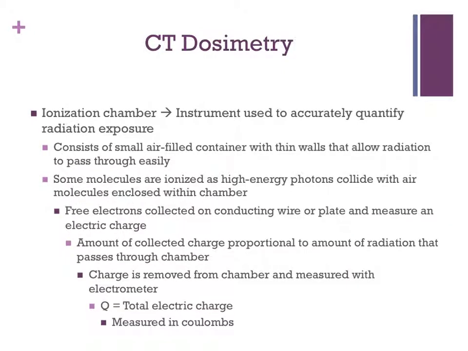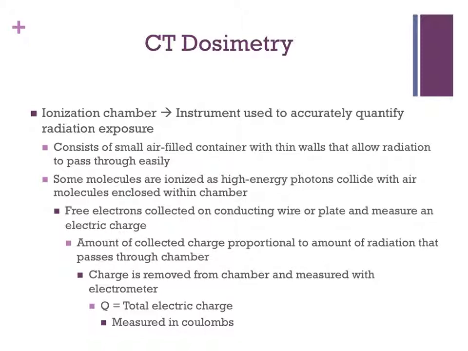The ionization chamber is an instrument used to accurately quantify radiation exposure. It consists of a small air-filled container with thin walls that allows radiation to pass through easily. As the high-energy photons, or the X-rays, collide with air molecules enclosed within the ionization chamber, some of the molecules are ionized. These free electrons can be collected on a conducting wire or plate and measured as electric charge.